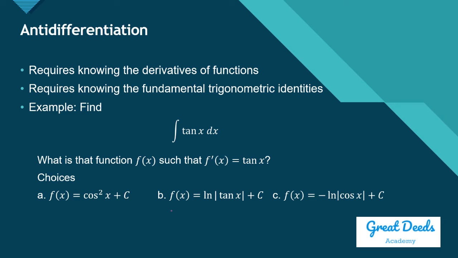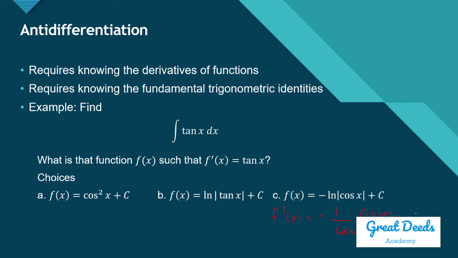How about letter B? Let us obtain the derivative of this function. Times the square of secant of x. Again, obviously, it's not equal to tangent of x. How about letter C? What is the derivative of this function? 1 over cosine of x, and then the derivative of cosine of x is negative sine of x.